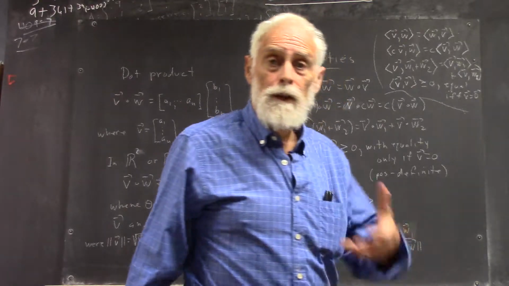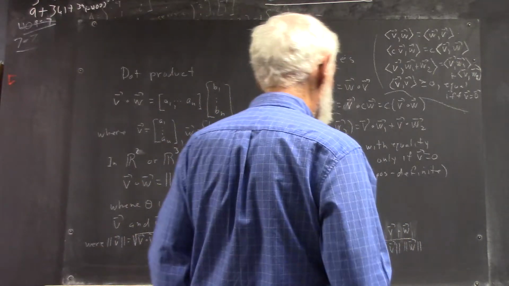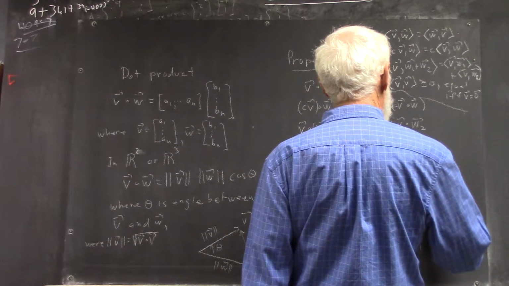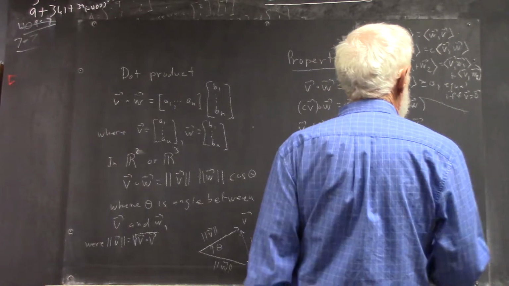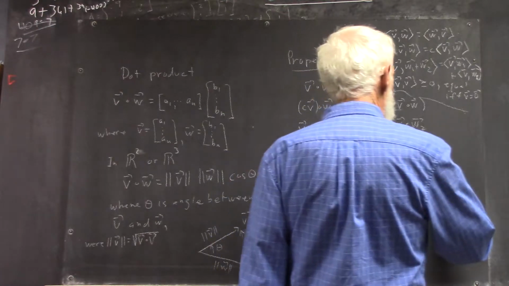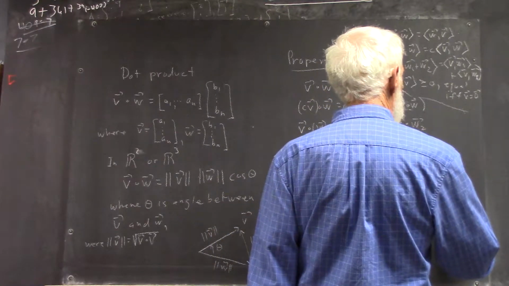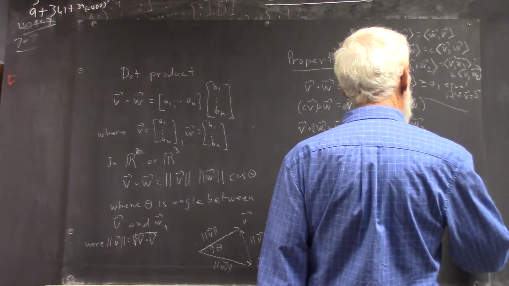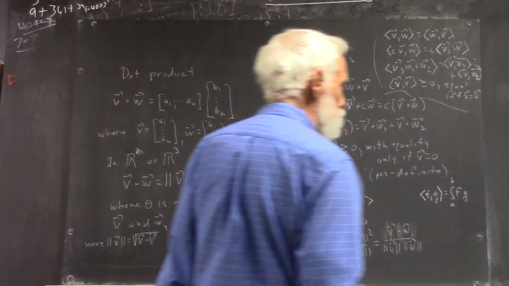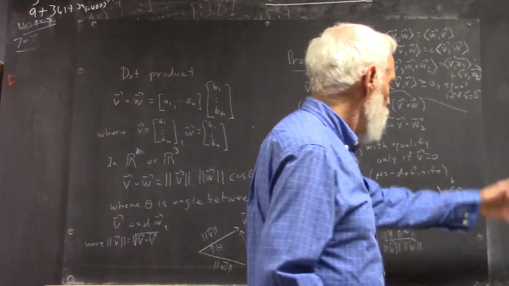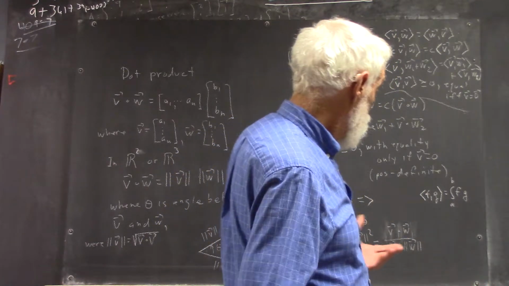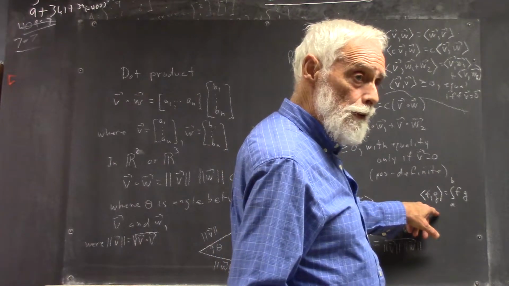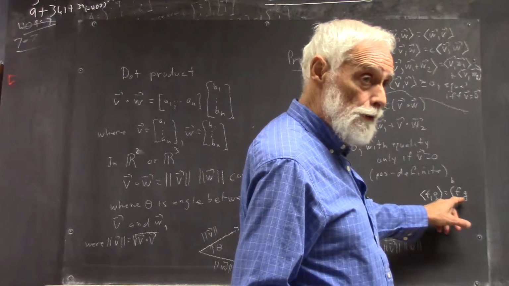Now there are lots of inner products. One inner product, it's easy to verify, is in the space of functions, integrable functions. Okay, the inner product of f, g could be the integral over some interval, and I'll just say integral from a to b of f times g, with respect to whatever the variable is. Can we verify these properties? Well, does f, g equal g, f? Is the integral of f times g equal the integral of g times f?